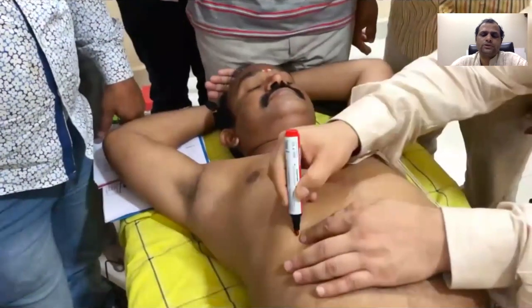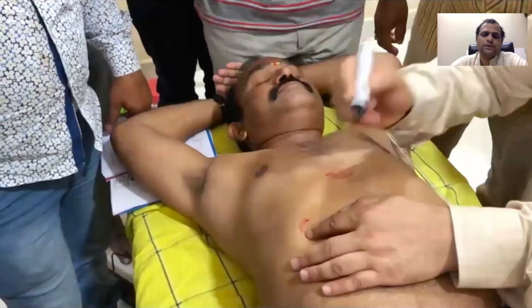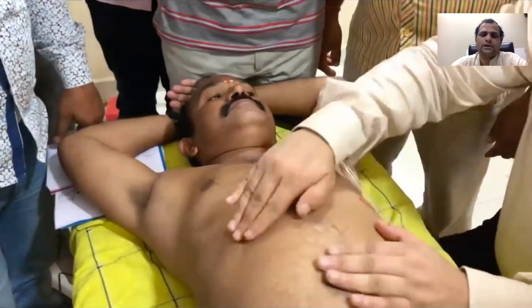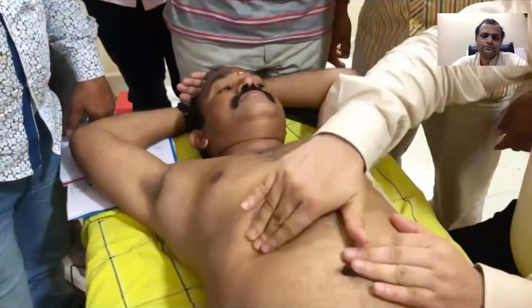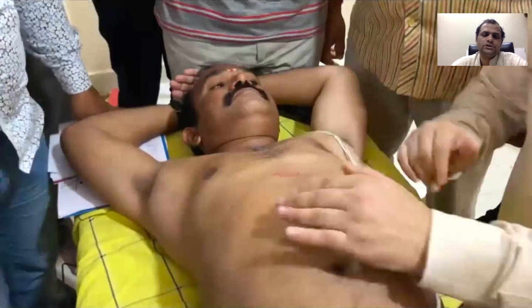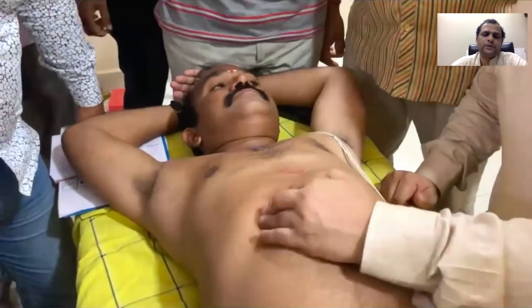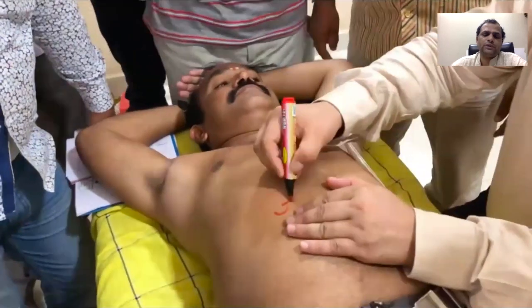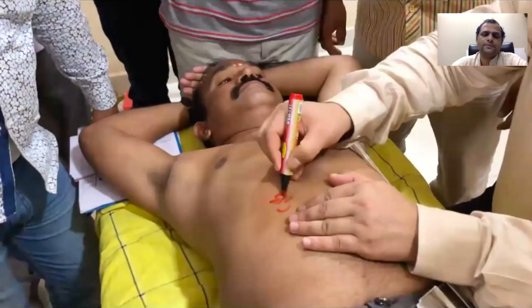Now we are coming to the next point. In the nipple line, we are going down and marking 2 points in the nipple line under the last rib. If this is tender and painful on the right side, this is the pathology connected with the gallbladder.